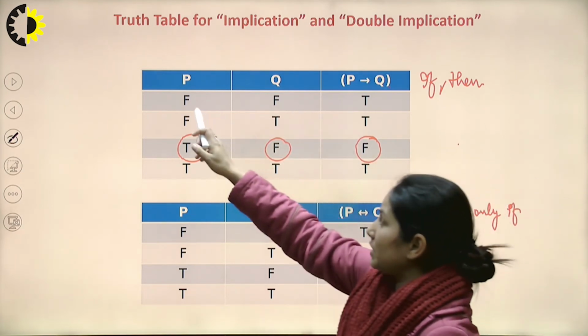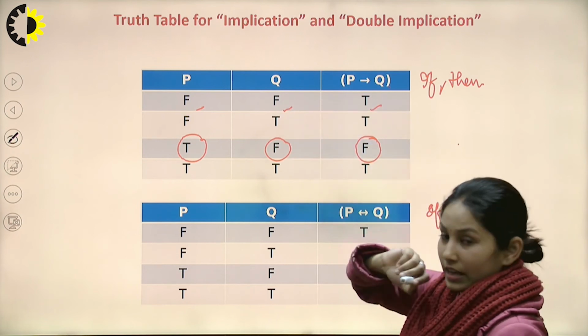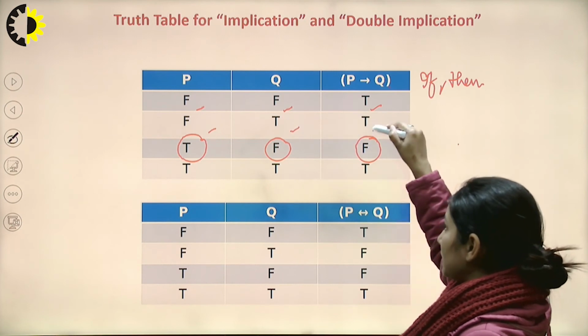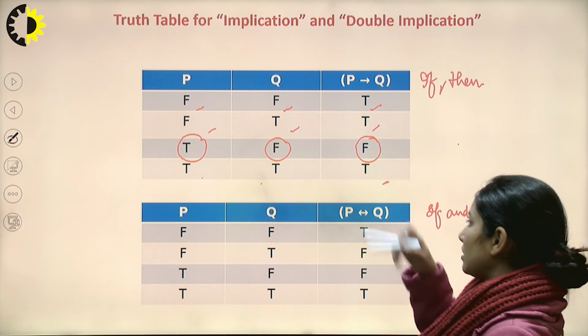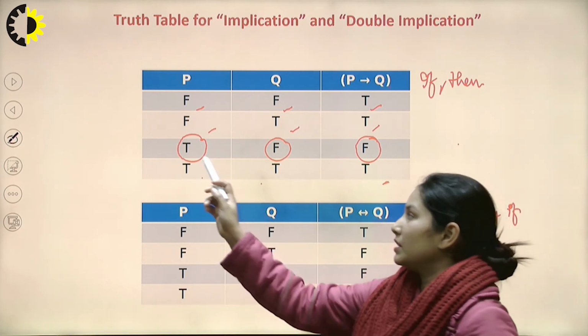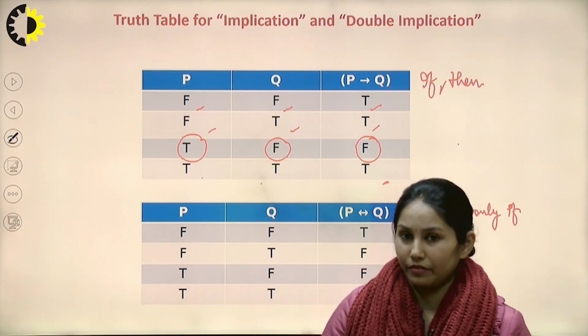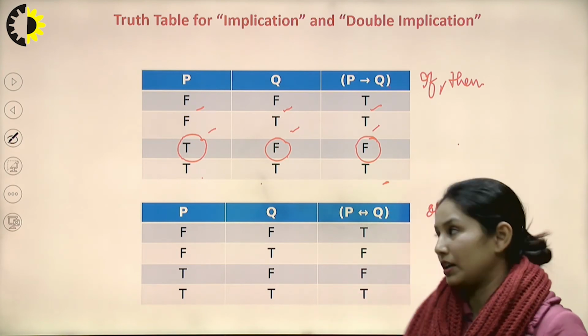So F, T has T as its conclusion, false and true also has true, true and true definitely has true, but only for the case TF, true and false, will you have false as the conclusion.